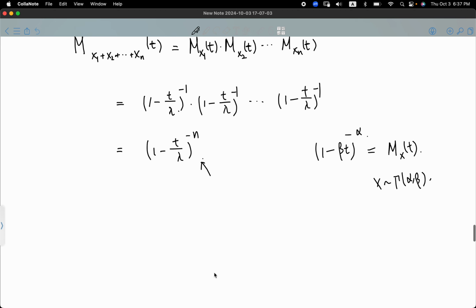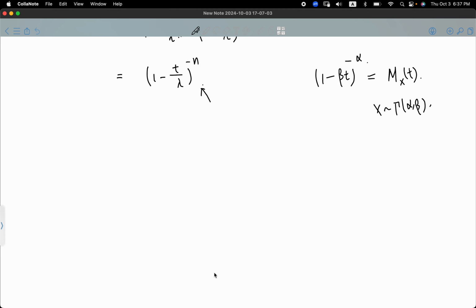So now let's compare these two formulations. What if I set alpha from the gamma distribution equal to n, and then beta equal to 1 over lambda? Do we have a moment generating function of a gamma distribution from this expression?